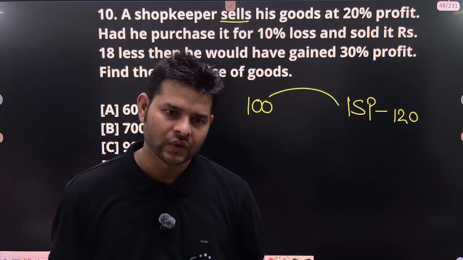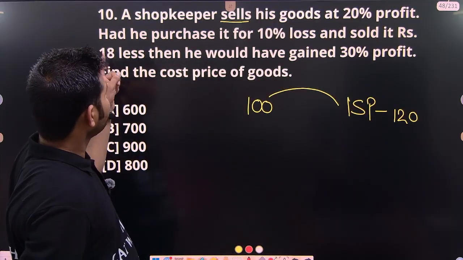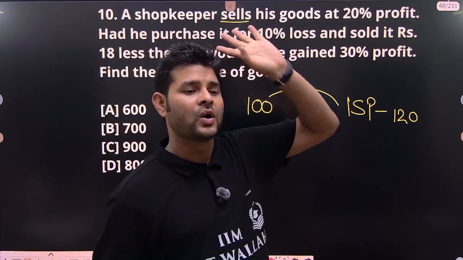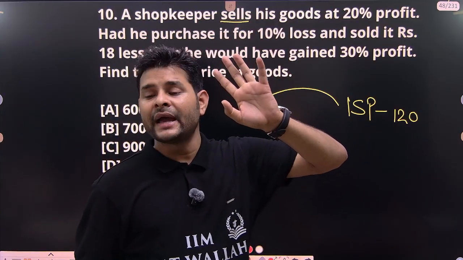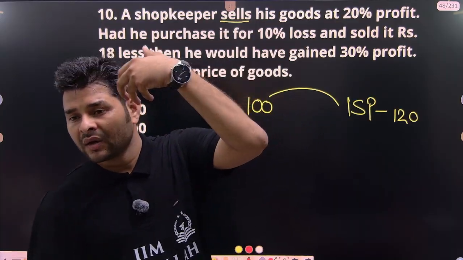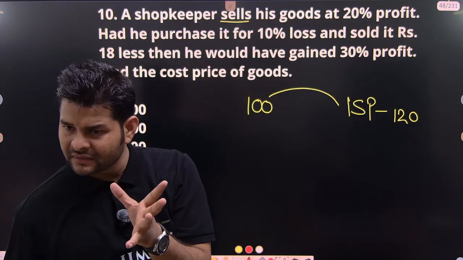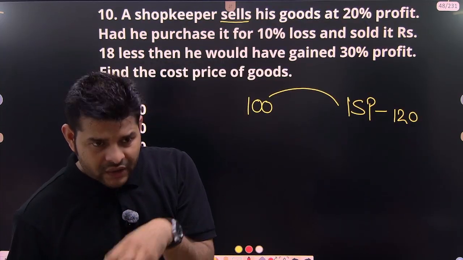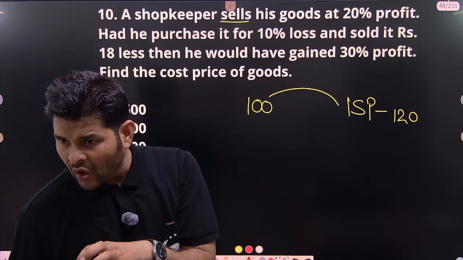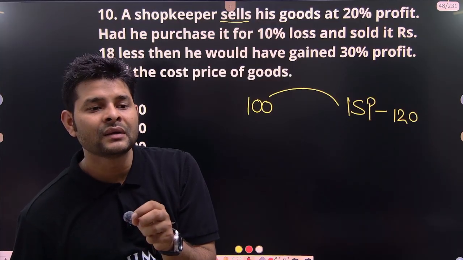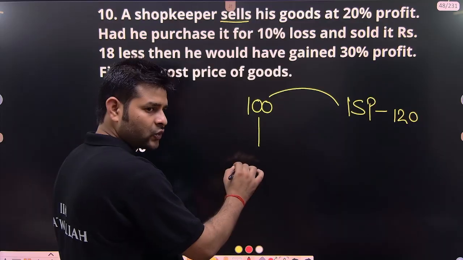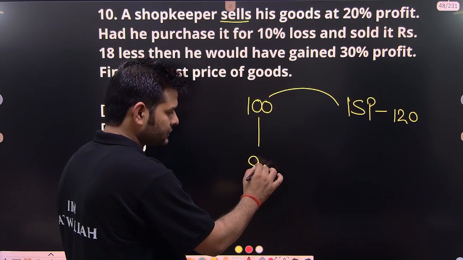Got it? Now the second condition, if he had purchased it at 10% loss, meaning a hypothetical condition. If he had bought this item at 10% loss, that means the CP you need to take is 90 units.